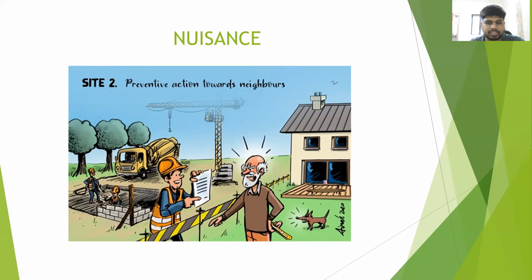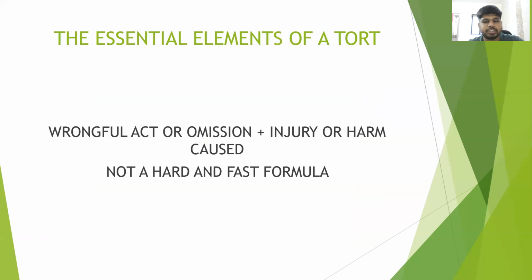Because of this construction, the residents might not be able to enjoy that, and there also might be different issues arising from this which might cause harm. Let's say someone goes deaf because of the sound. That is a direct harm. Therefore, wrongful act or omission plus injury or harm caused. Now let's look at the second aspect of this. Why is this not a hard and fast formula?